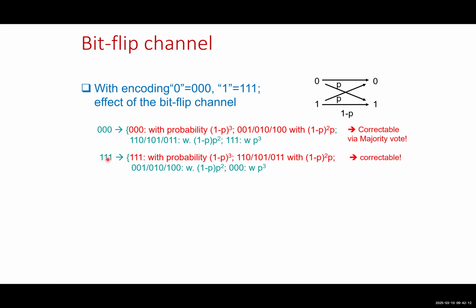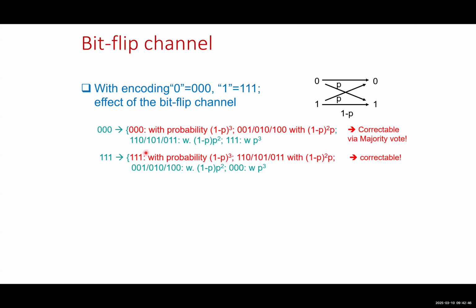Similarly, 111 as logical 1 can stay as 111 with probability (1-P) cubed. Or it converts to 110, 101, 011, each with probability (1-P) squared times P. And these can be corrected. The remaining ones are not correctable, because if you use majority vote, you would think this is logical 0, and that's not correct.